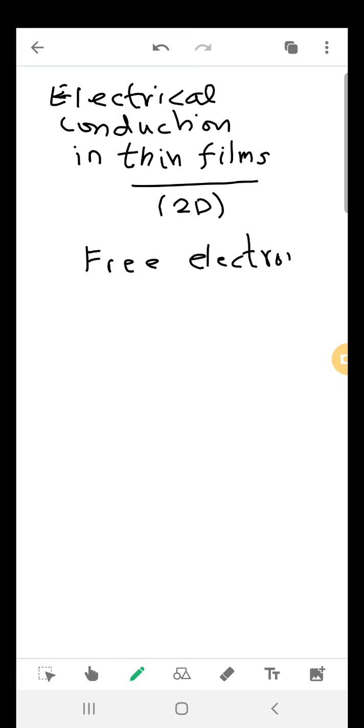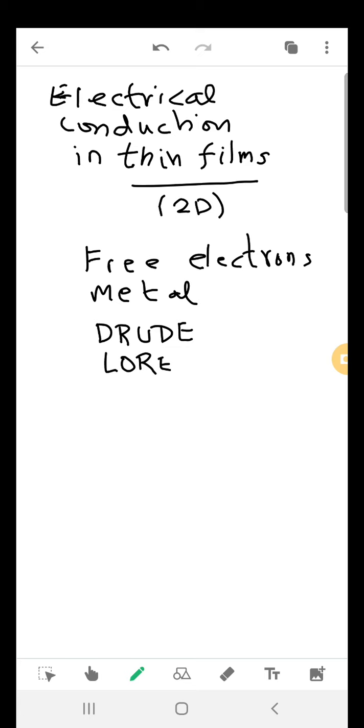If the electrons are free, then the electrical conductivity in a metal, let's say we are talking about a metal, will be according to the Drude-Lorentz-Sommerfeld theory.